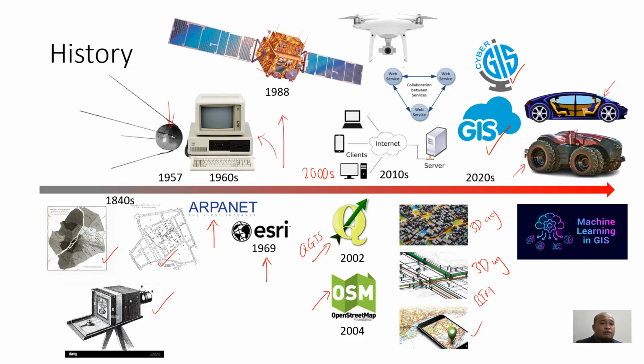Currently we only have the fixed one, which is the train, right? To fully automate the personal vehicles is still under study, especially due to safety. But all of these link to GIS.